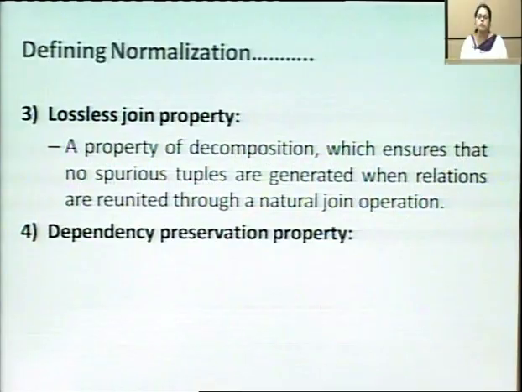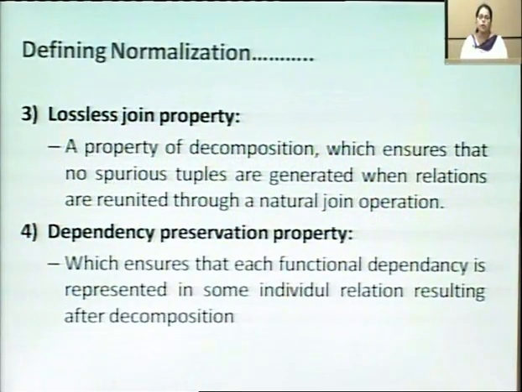Then is the dependency preservation property, which ensures that each functional dependency is represented in some individual relation resulting after decomposition. That means if before decomposition some functional dependency exists, it should also exist after the decomposition in any one of the new relations made. So this is the complete definition of normalization.